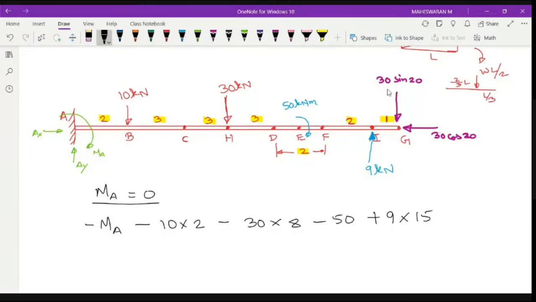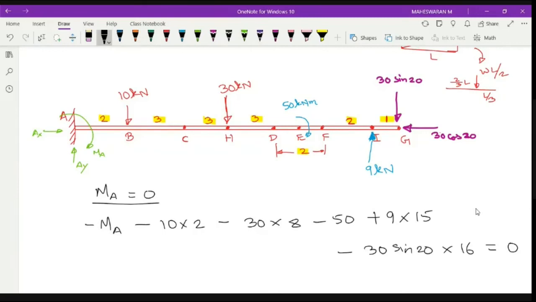Next, the last one, 30. Rotation is clockwise, so minus 30 sin 20. That is my force. Distance is 15 plus 1, 16. Distance is 1 plus 2 plus 2 plus 3 plus 3 plus 3 plus 2. What about this force, 30 cos 20? Does it have distance? Do you have any distance for this? No, there is no distance. So that is 0. So only this, I can equate it to 0.